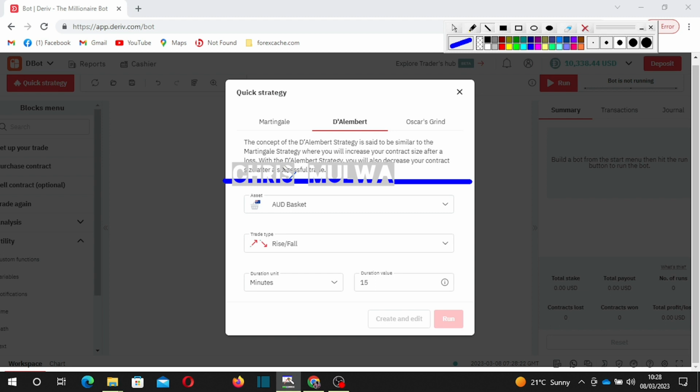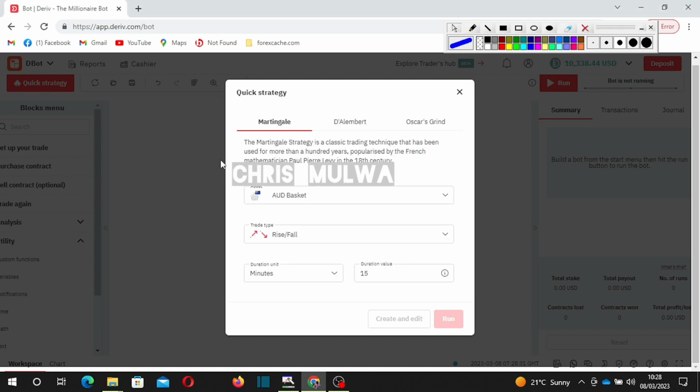Now, after saying this, I will go back to the Martingale. How does the Martingale operate? Let's say that you have lost something like $2, and you have put your Martingale at 1.